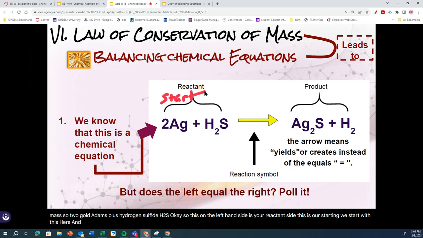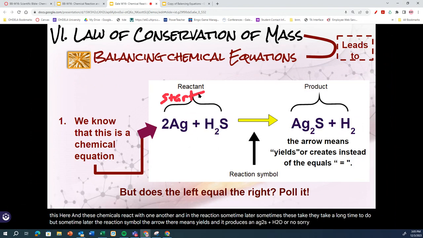And these chemicals react with one another. And in the reaction, sometime later, sometimes they take a long time to do, but sometime later, the reaction symbol, the arrow there, means yields, and it produces an Ag2S plus H2.